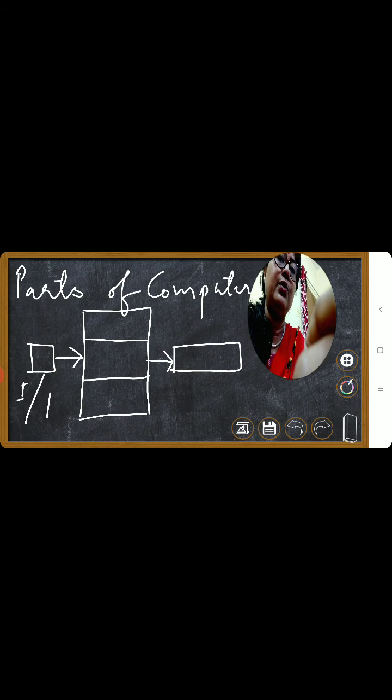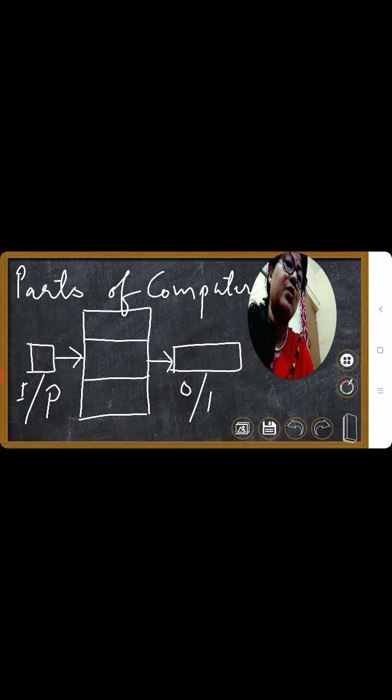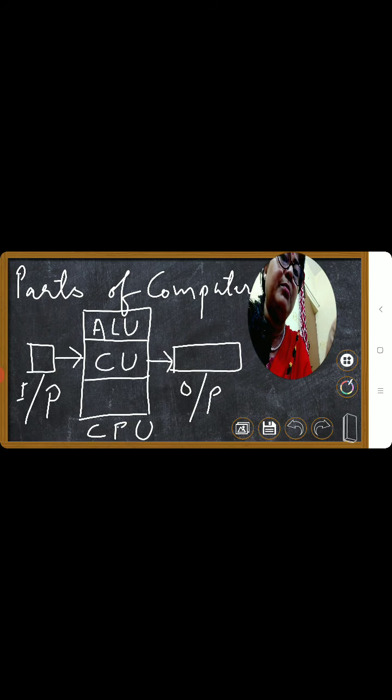Input unit, this is the output unit. Now this is your CPU. Now in CPU you can write here the parts of CPU, that is ALU, then CU and memory unit, MU. CU is the control unit.